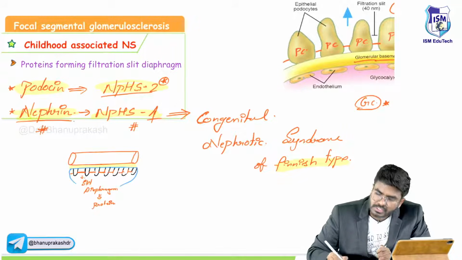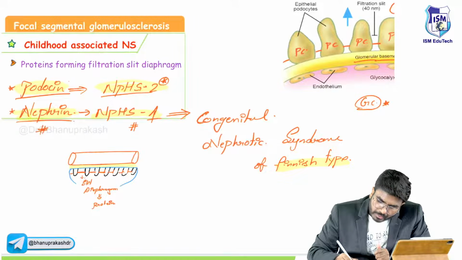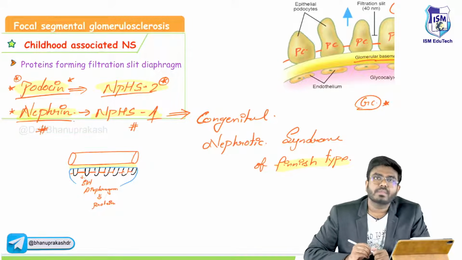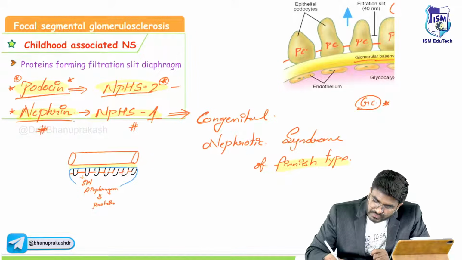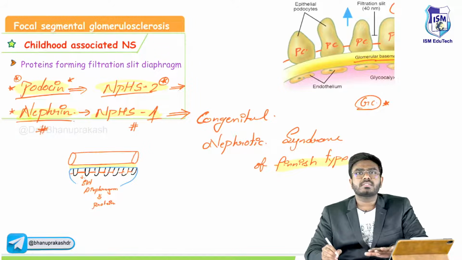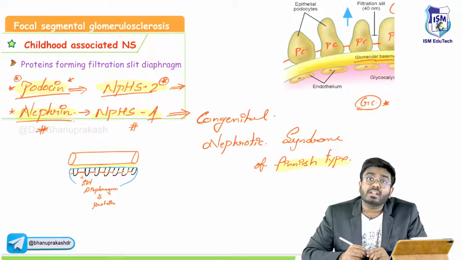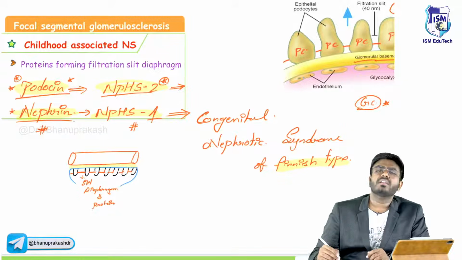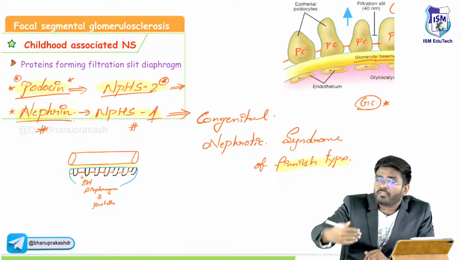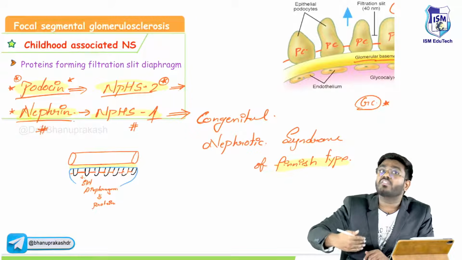Now for example, if the NPHS2 gene is mutated, the podocin protein is going to be defective. If podocin is defective, it is also going to cause damage to the slit diaphragm. But it will cause a different variant of FSGS.